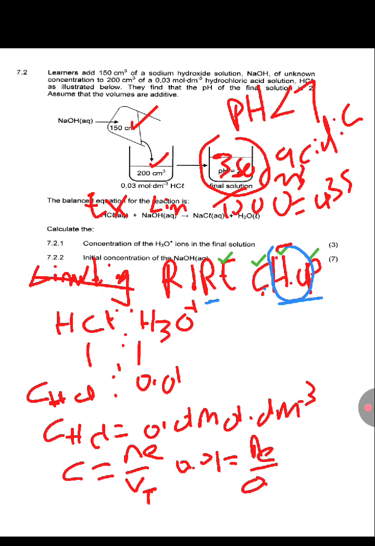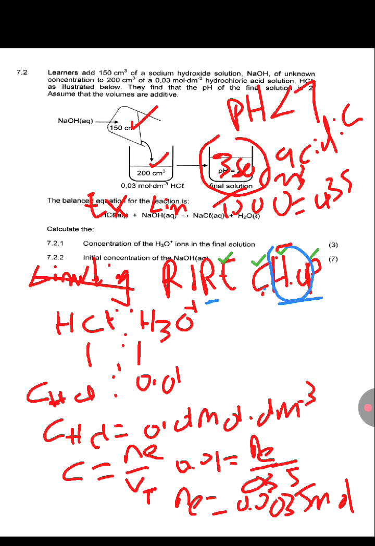So we put 0.35, so that we can get the excess number of moles. Now you cross multiply. So N in excess is equal to 0.0035 mole. These are the number of moles that are in excess.